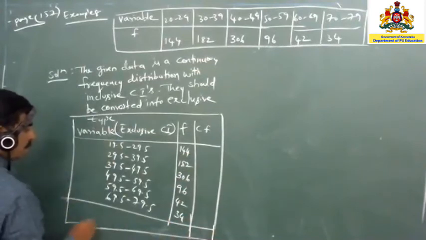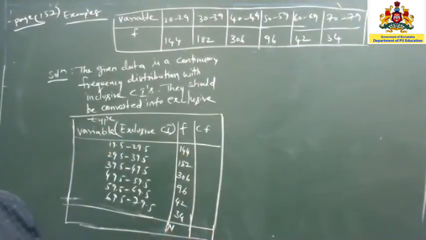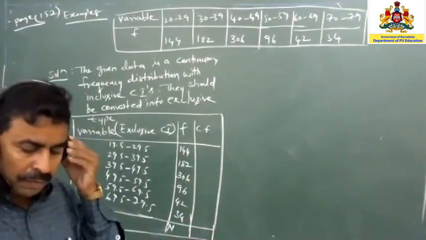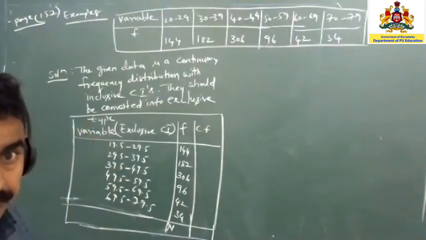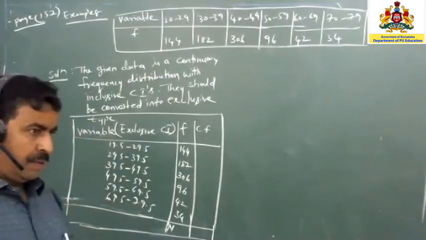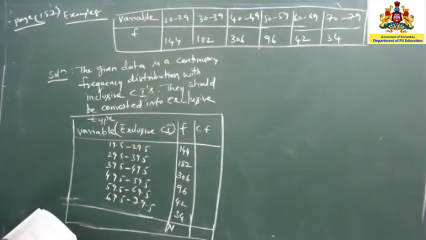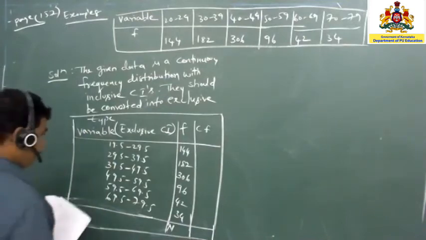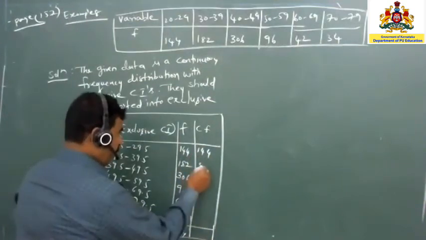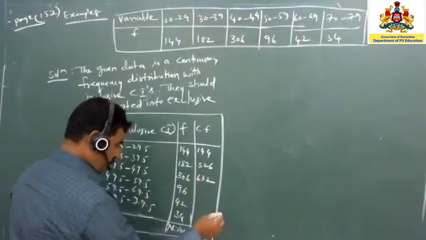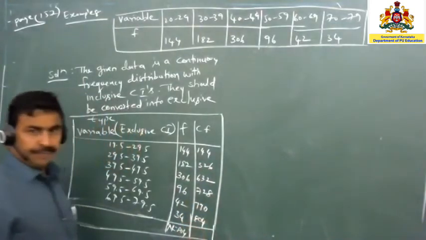Find the total, which is n: n equals 804. The cumulative frequencies are 144, 326, 632, 728, 770, 804.